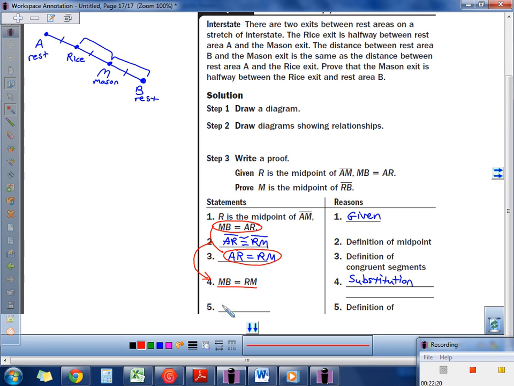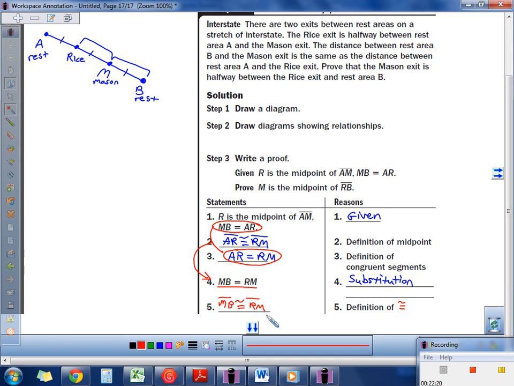Next one says definition of what? That's definition of congruence. So remember, definition of congruence is that silly one. All they do is change equals to a congruence. I agree, that one is silly. The last one they say down there, it's cut off on my page. They say the statement M is the midpoint.